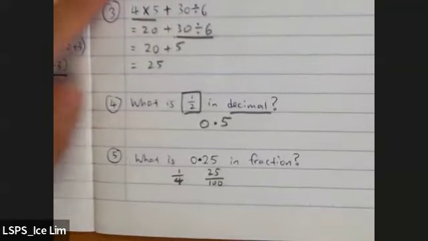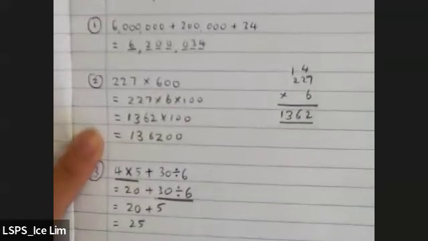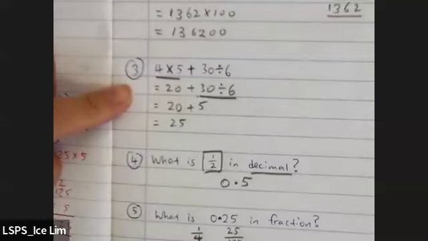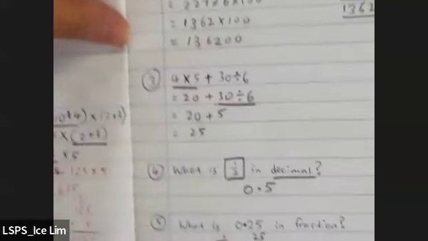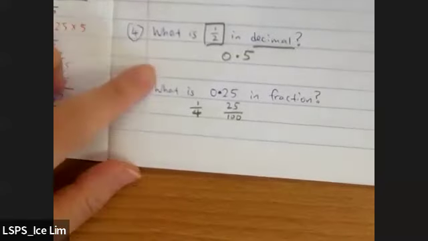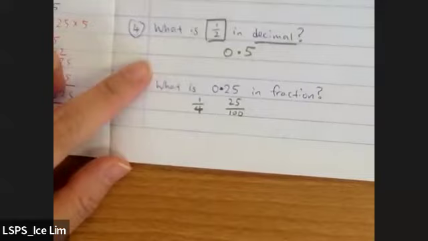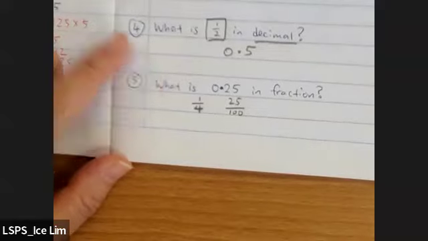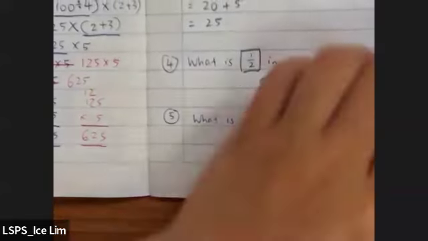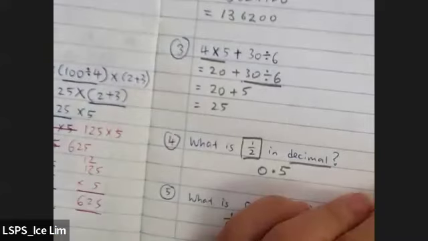Okay. All right, who got question 2 correct? Question 3. Question 4. Question 5. Okay, who got question 4 wrong? Oh, careless mistake. Who got question 5 wrong? Okay, have you marked out your handbook already?